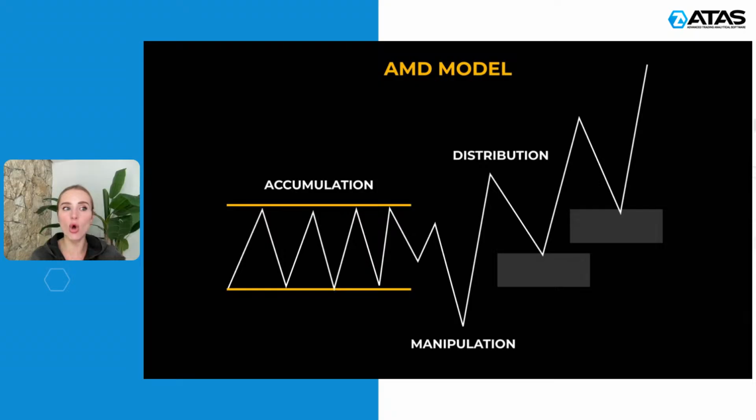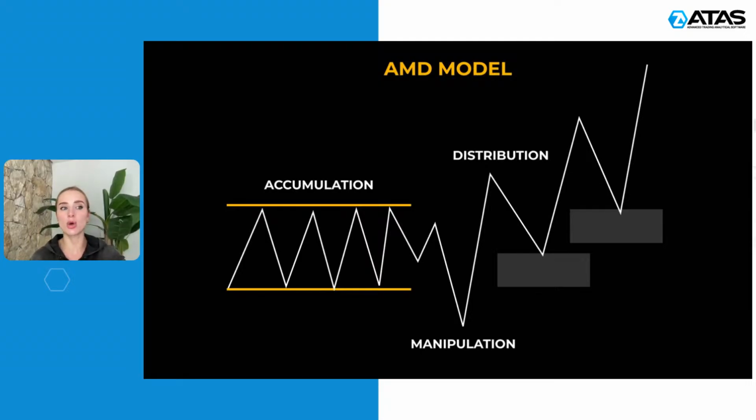Imagine that all the stop losses of retail traders are parked just below the box. Retail traders usually put their stop losses below the previous supports, so the big market participants know this and trigger a fast, violent spike to execute those stop orders.